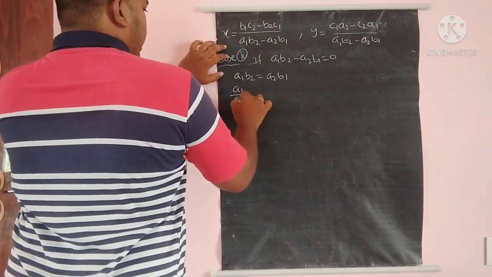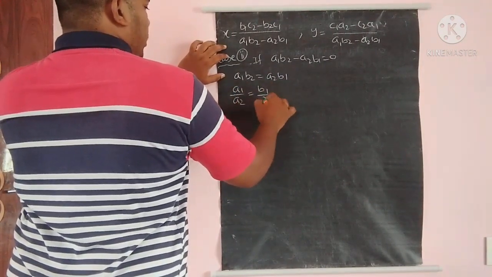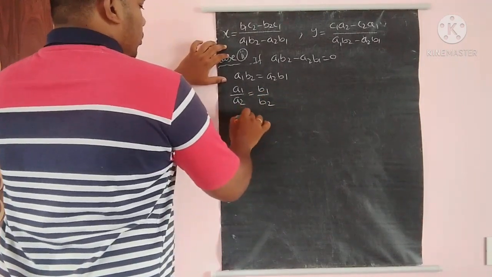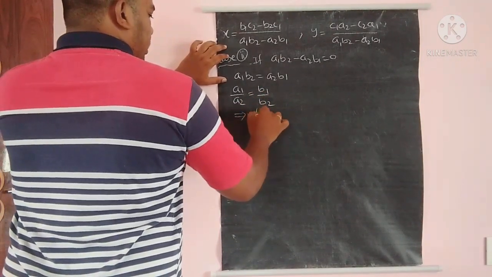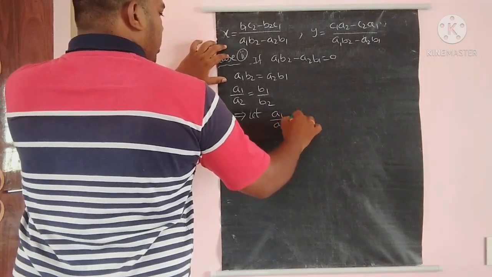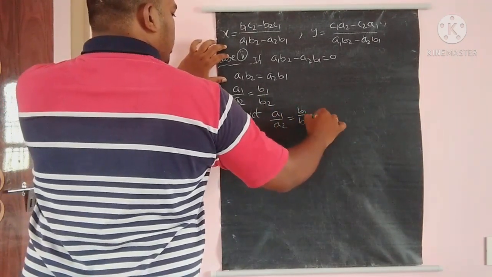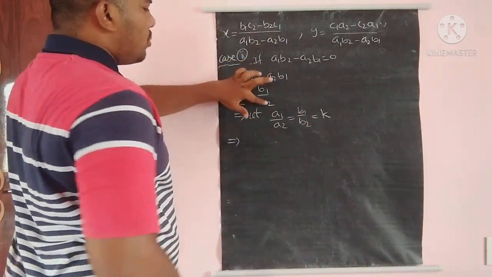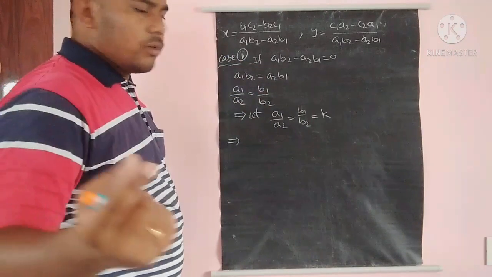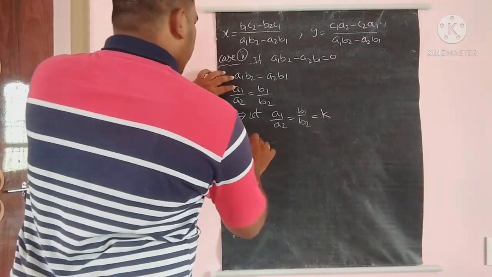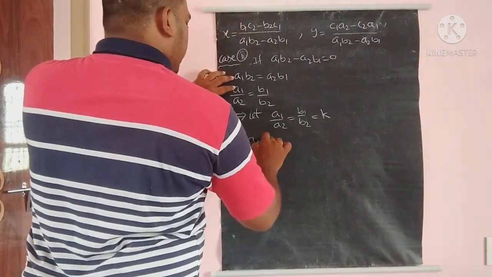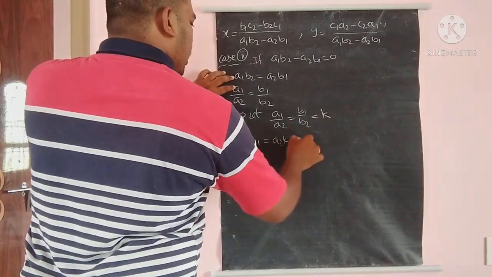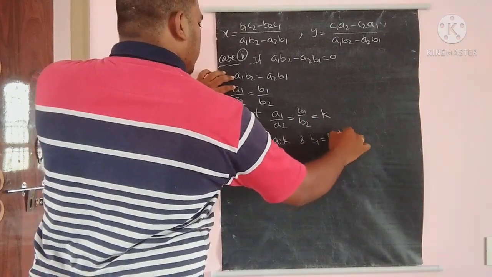This a1 by a2 is equals to b1 by b2. So let us assume this value a1 by a2 is equals to b1 by b2 is equals to some k. Because a1 by a2 is equals to b1 by b2, it may equal some value. That value I am assuming as k. From that we can write a1 is equals to a2k and b1 is equals to b2k.